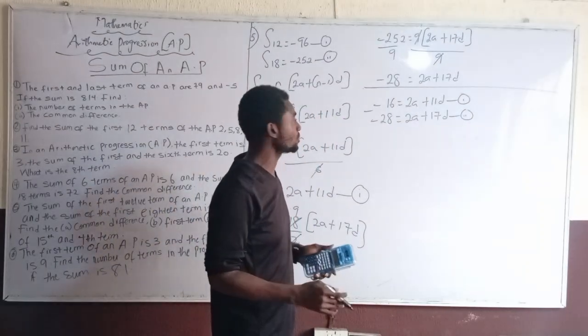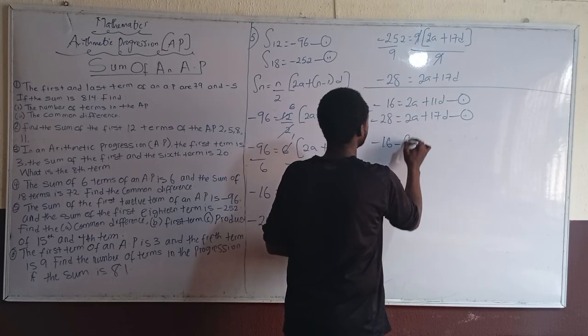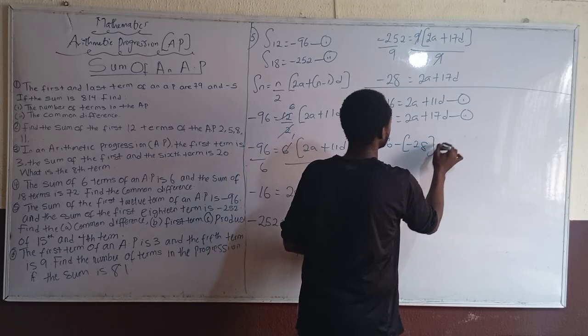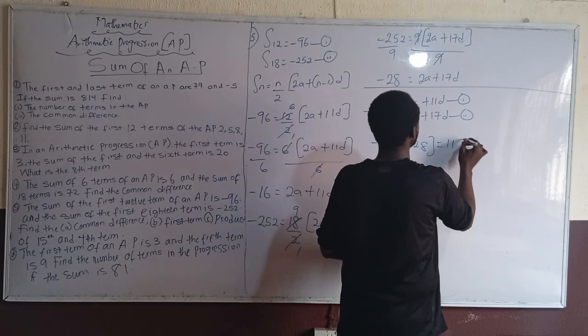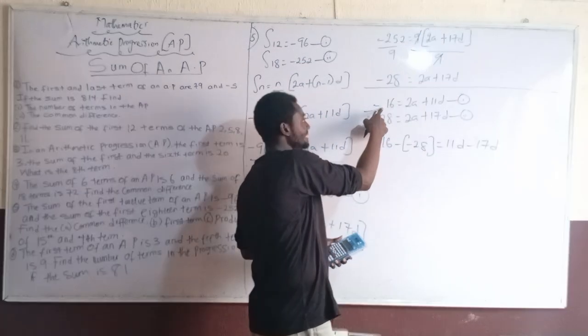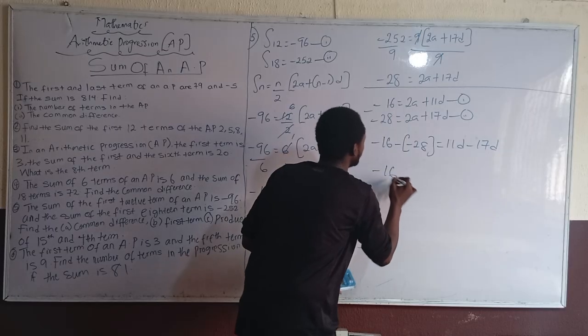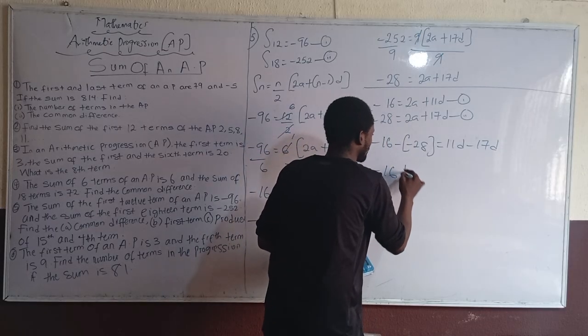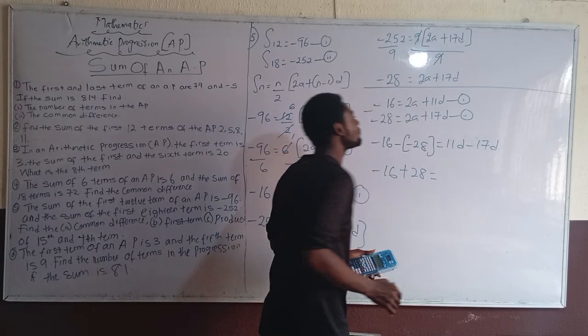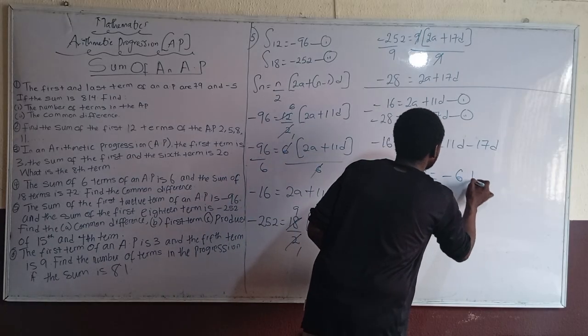So when I use minus, here becomes minus 16 minus minus 28 equals 11d minus 17d. Minus 16 minus minus 28. So here is minus 16, minus times minus is plus. 11d minus 17d, that is minus 6d.